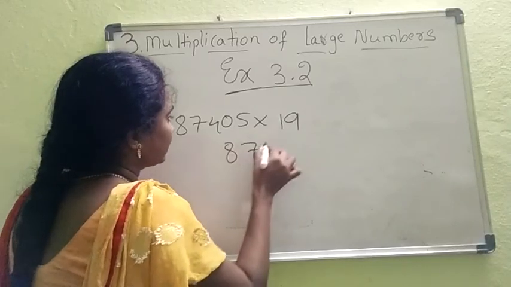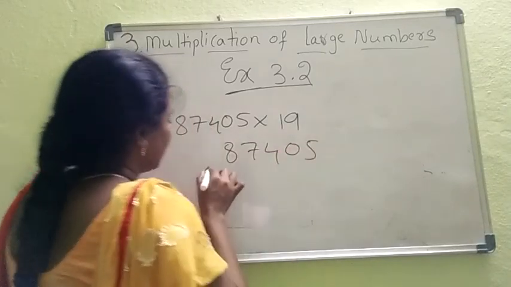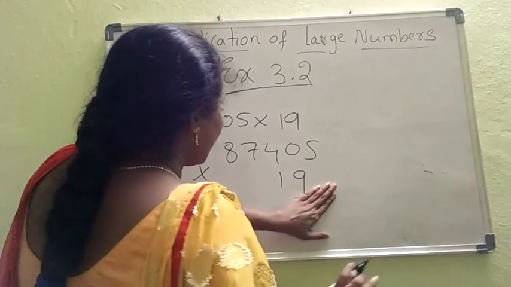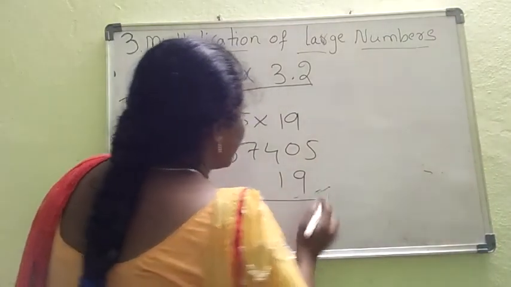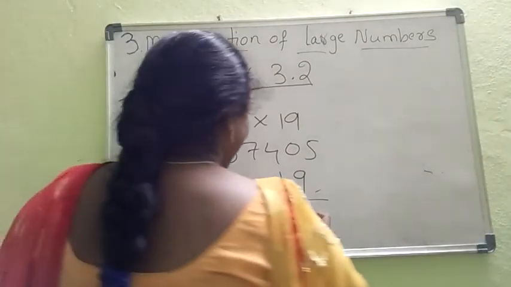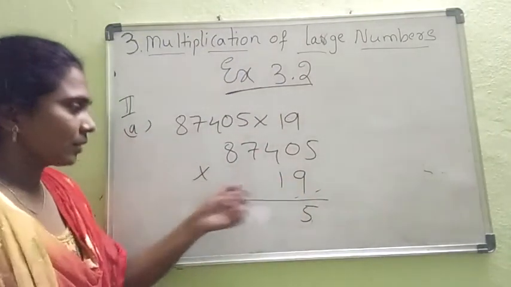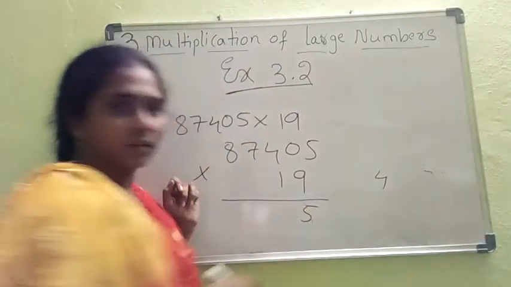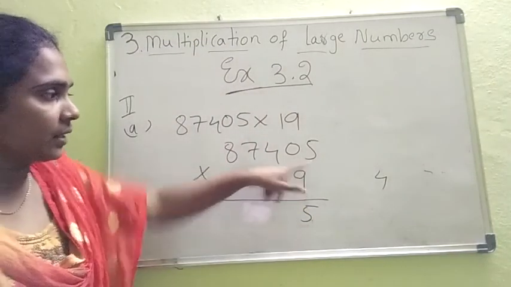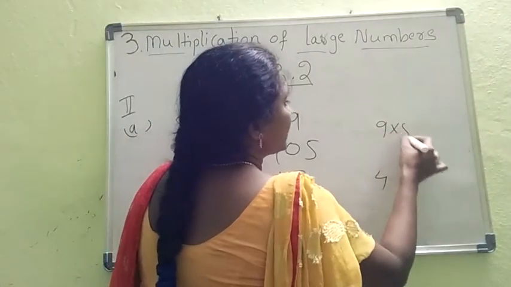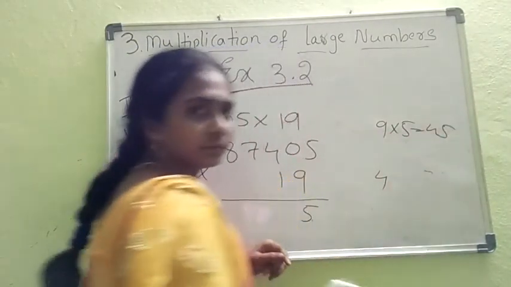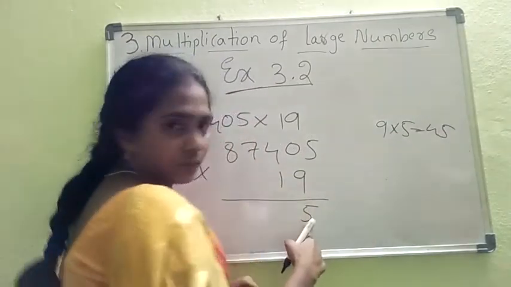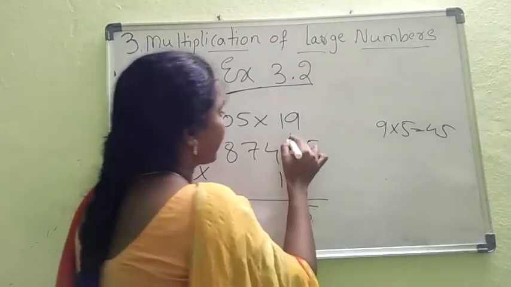First I will write the given 5-digit number, then the multiplication symbol. Next 9, right? So 9 5s are 45. Okay. Next 4 as a carry forward, right? So the unit digit 5 should be here and 4 should be the carry forward.